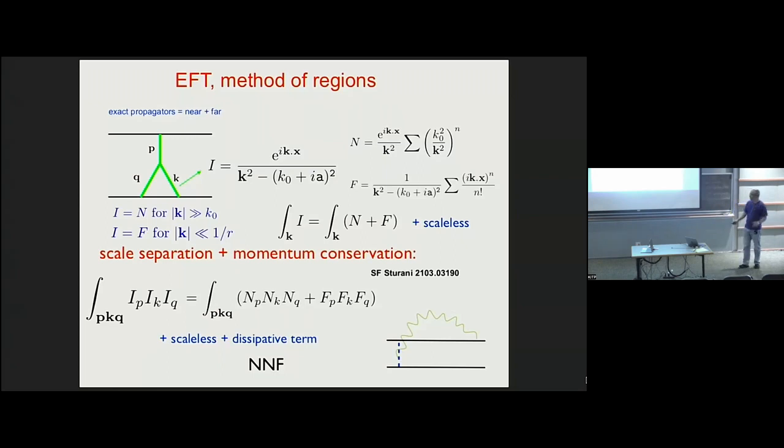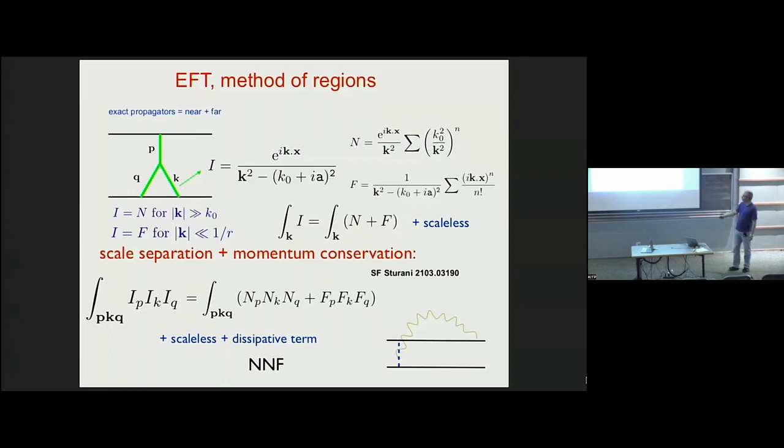And this result can be extended to a situation where there are 3 propagators. This will be the correct, precise, exact result, and you can show that it is equal to the sum of the contribution when every propagator is taken in the near zone approximation, and another contribution where everything is in the far zone approximation. What happens to the mixed term?